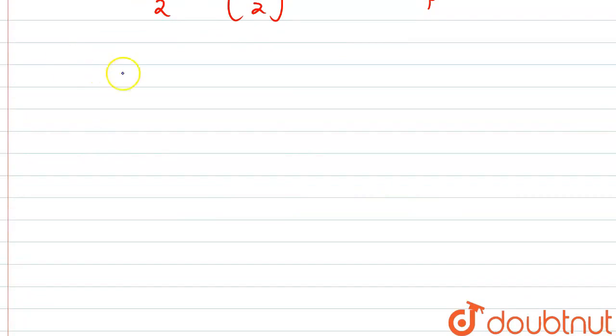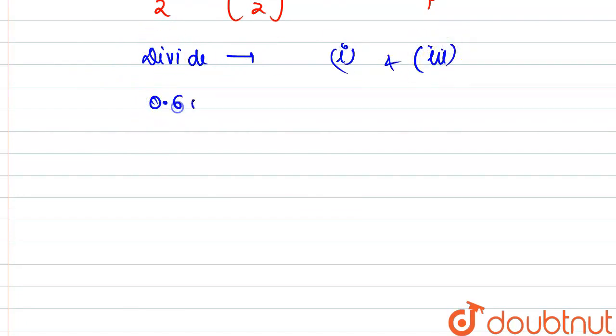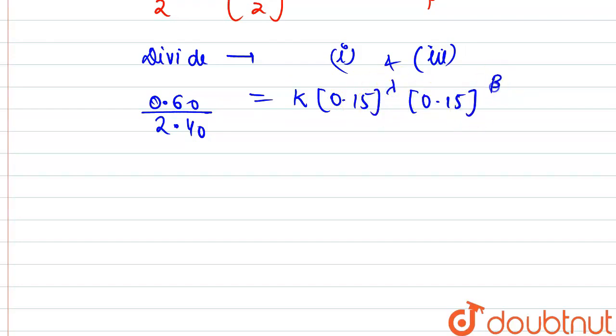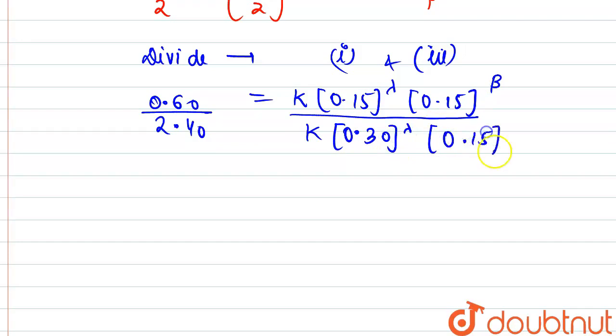Okay. Now what we would be doing is dividing equation 1 and 3. So keeping 0.60 divided by 2.40, it will come out to be K, 0.15 alpha, 0.15 beta divided by K, 0.30 alpha, 0.15 beta.